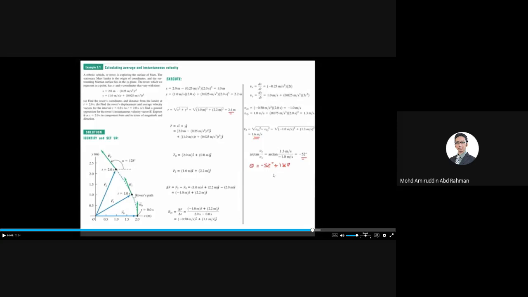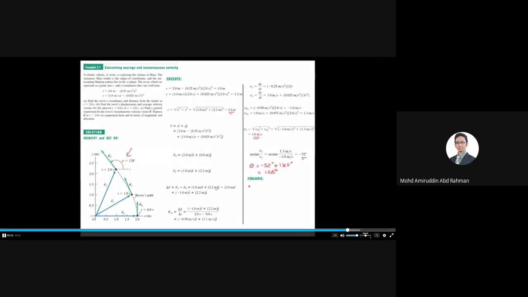But you need to remember that it is in the second quadrant, so you need to add 180. So you obtain theta equals 128 degrees.